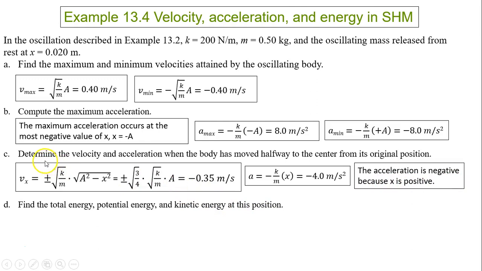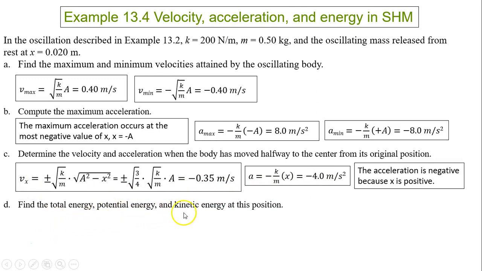So determine the velocity and acceleration when x is halfway to the center from its original position. Originally it's positive 0.2. When it goes back, x is still positive. That's why I guess Vx has to be negative and A is also negative.